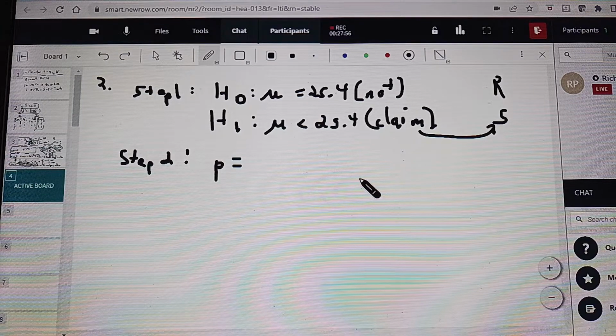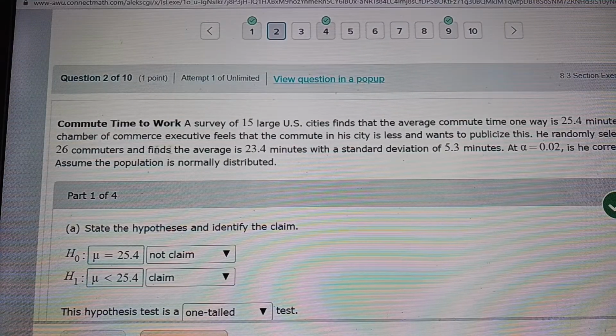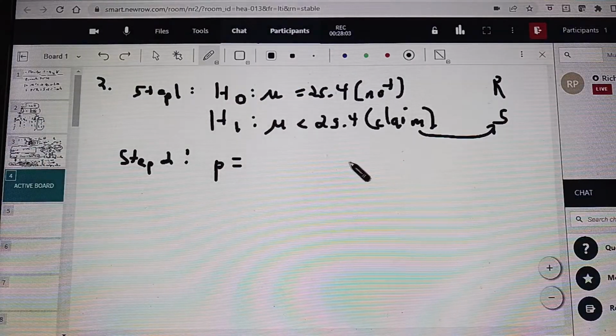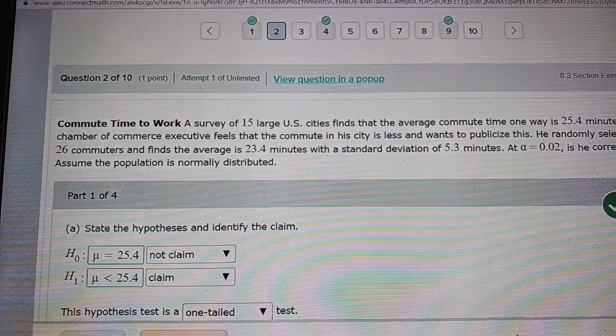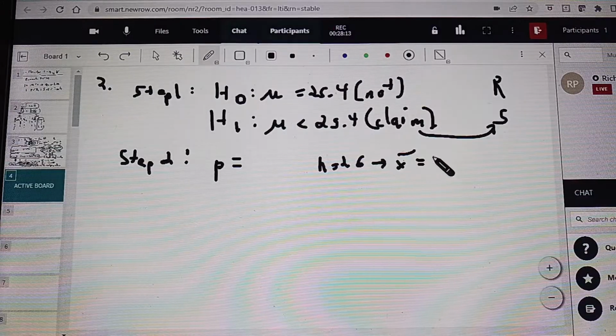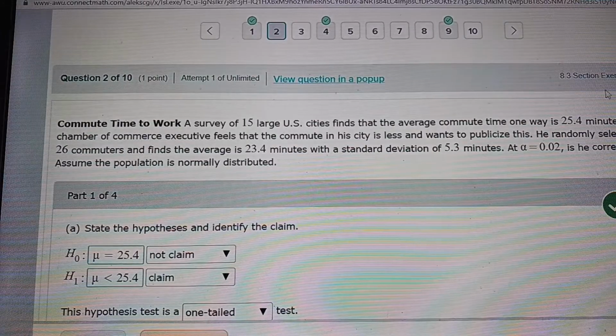P-value. So this time I'm told that the sample size is 26. The sample size of 26 has a mean of 23.4, which does seem to be quite a bit less than 25.4. So maybe we're going to reject this one too. But then the key difference is with a standard deviation, that's S, 5.3.